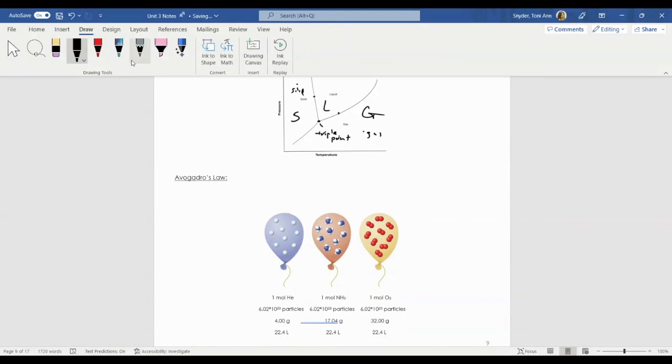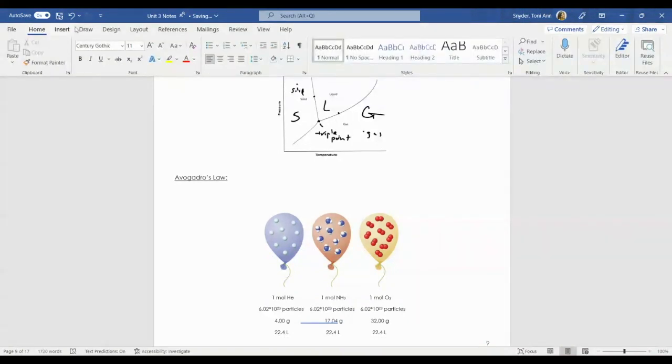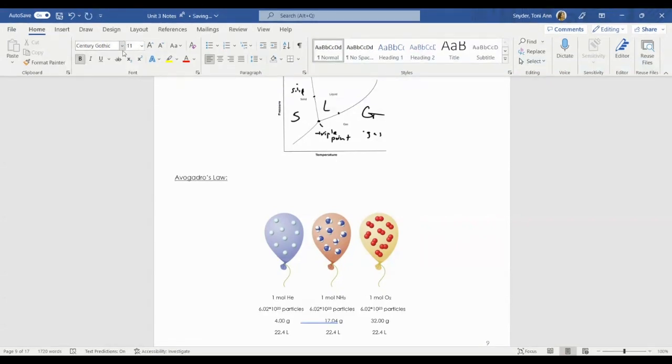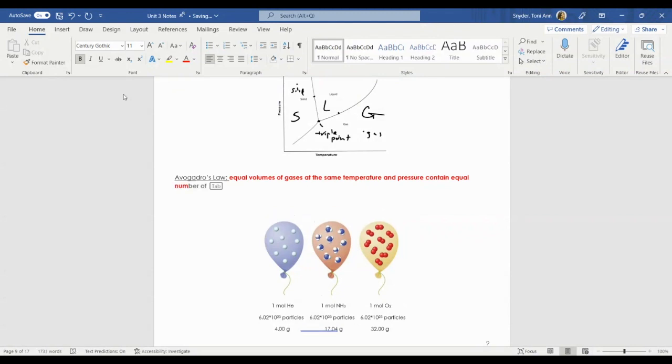So Avogadro's law is a really good example of how the volume of a gas changes proportionally with the number of moles of the gas as long as we're at the same temperature and pressure. Avogadro's law says that equal volumes of gases at the same temperature and pressure contain equal numbers of particles.